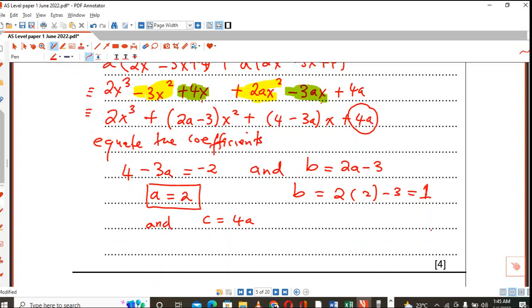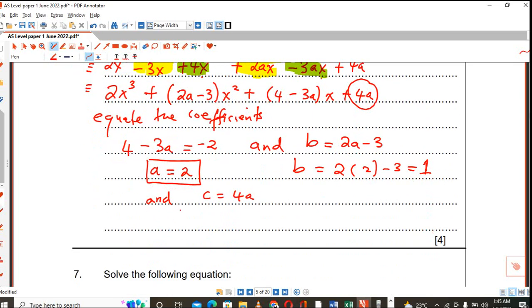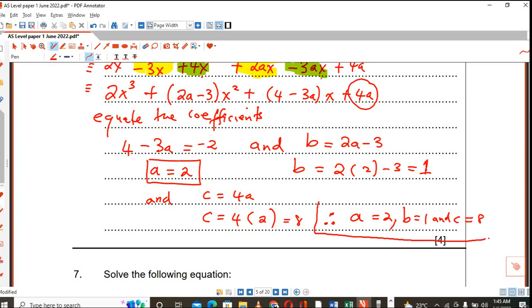Okay, the constants equal to each other. Right, so what do we know? We know that a is 2, all right? Therefore, that is equal to 8. So, eventually, a equals to 2, b equals to 1, and c equals to 8. This is the solution that we're looking for, all right, for those various questions.